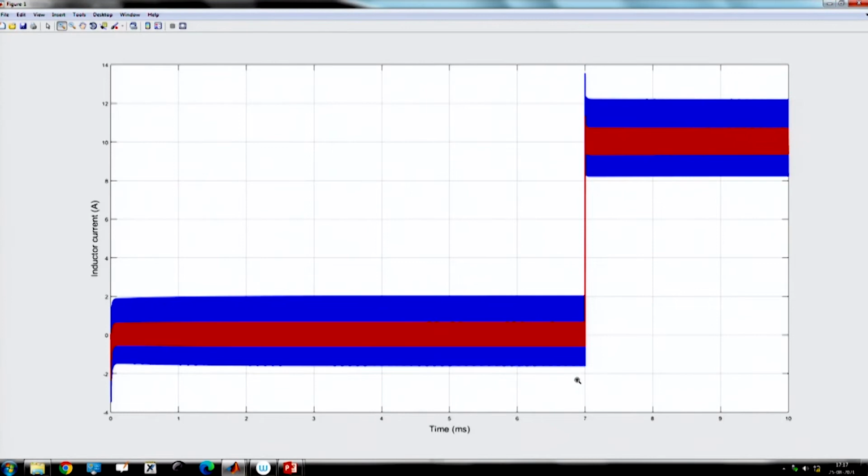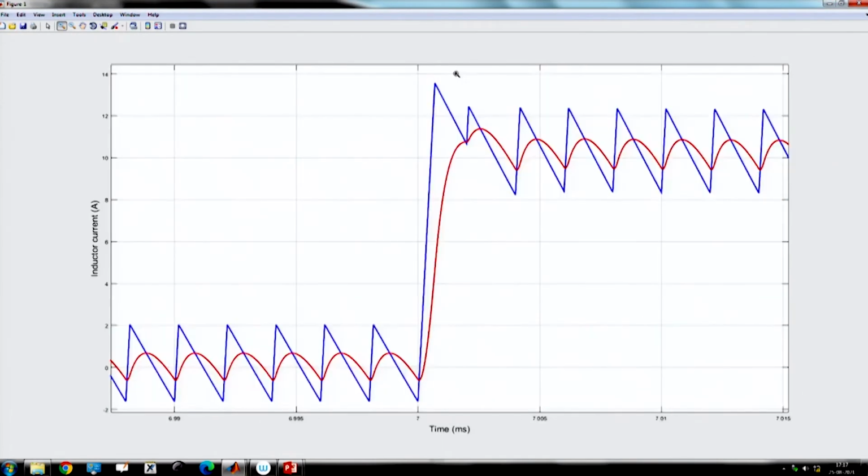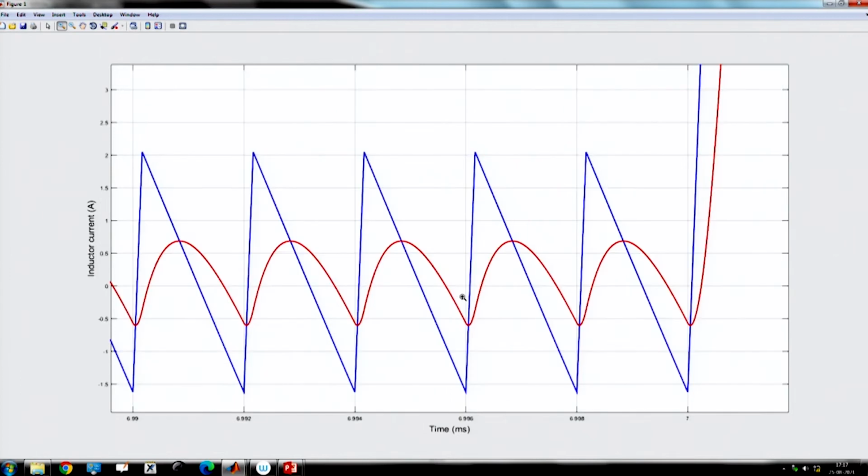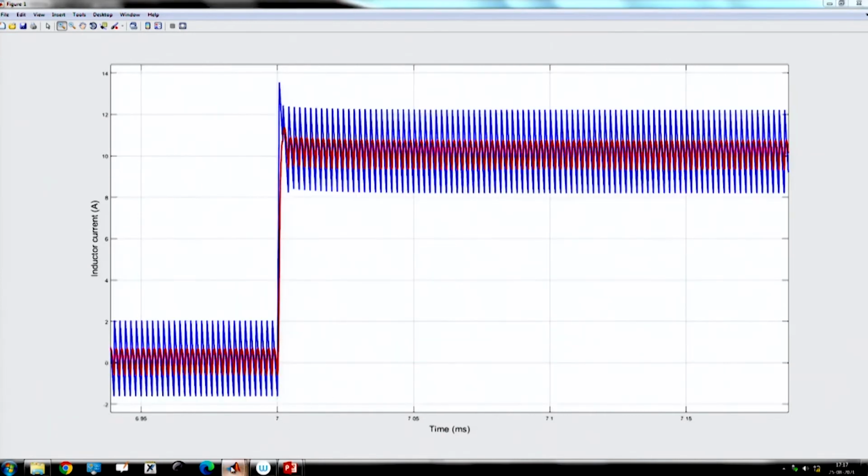That means now we are discussing average current mode control, where the red one is the filtered current. We still have not extracted the average current, because it is set at 1/10 of the switching frequency, right, and now there is a load step change.